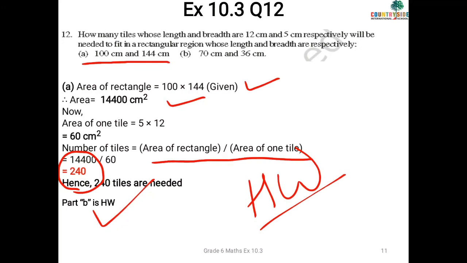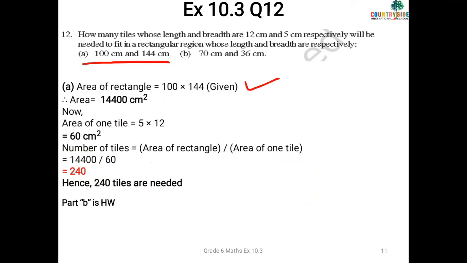Done? Understood the question? I'll repeat the question once again. First of all, you have to find the area of rectangular region, that is length into breadth. So 100 into 144, that is 14400 centimeter square. Once the rectangular region is completed, we have to find the area of one tile, that is 60 centimeter square.